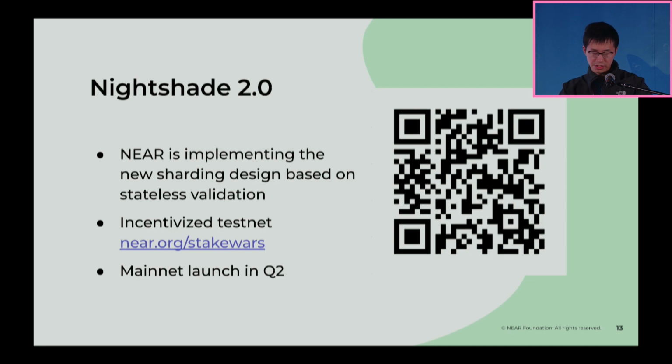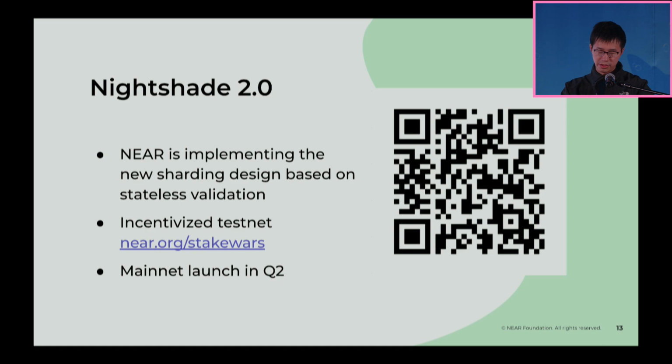The design that I just talked about, we have already almost finished implementing at Near. If you're familiar with Near, you probably know that we had a nice sharding design back in 2019, and we recently updated it to include the stateless validation change, and we're currently running an incentivized testnet.